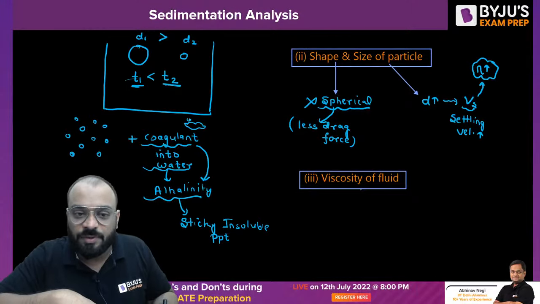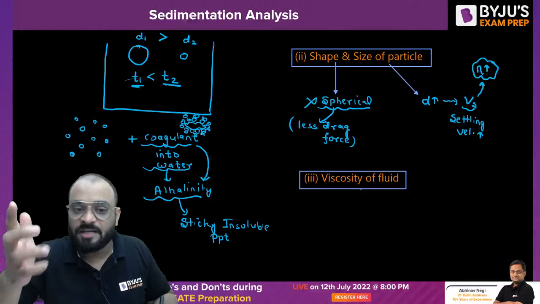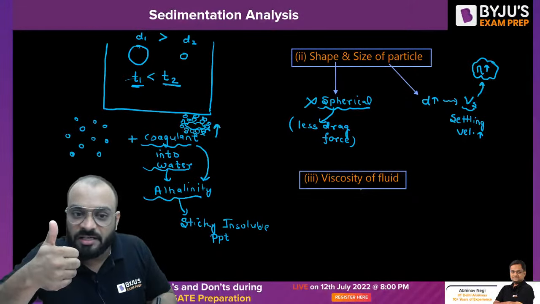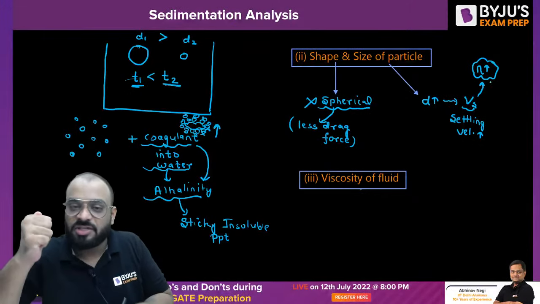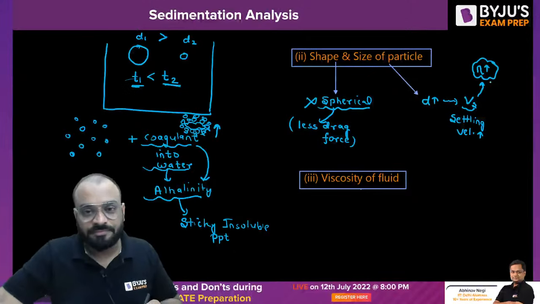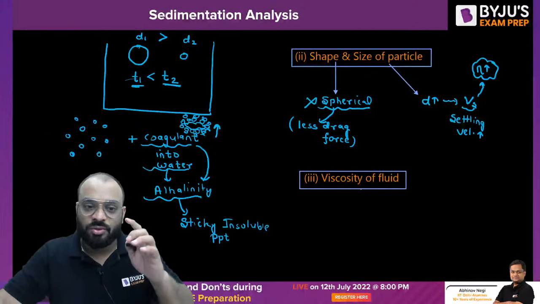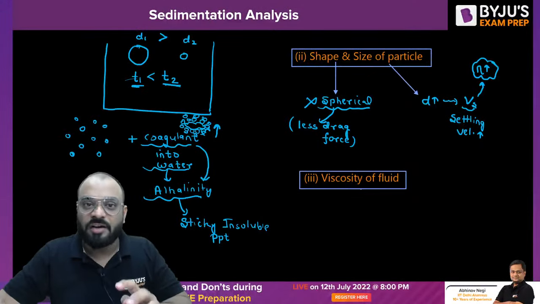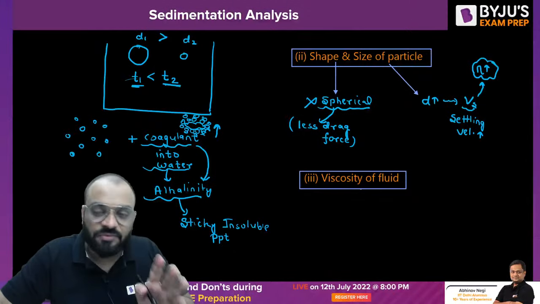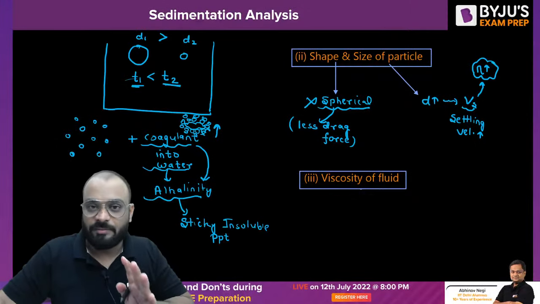On this sticky PPT, these particles will attach themselves, and ultimately the size of particle will change. If the size of particle increases, the sedimentation efficiency will also increase. Understood? So are we able to change the size of particle? Yes, we can control it in our treatment.